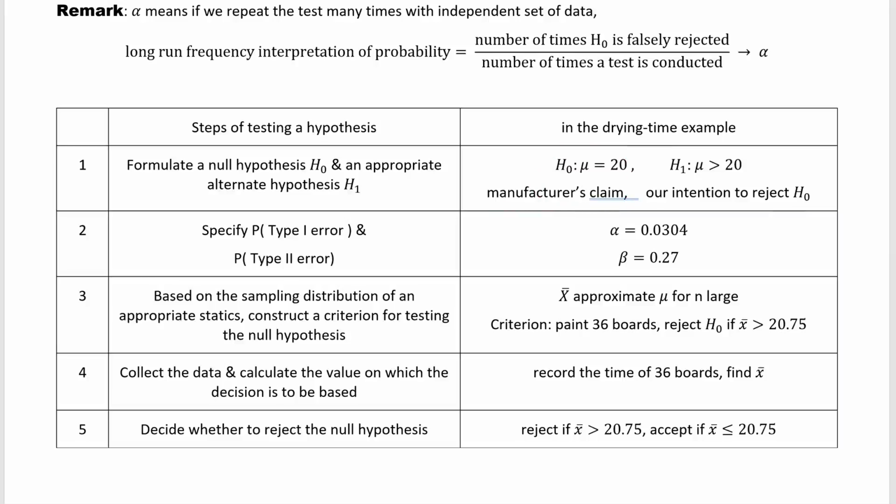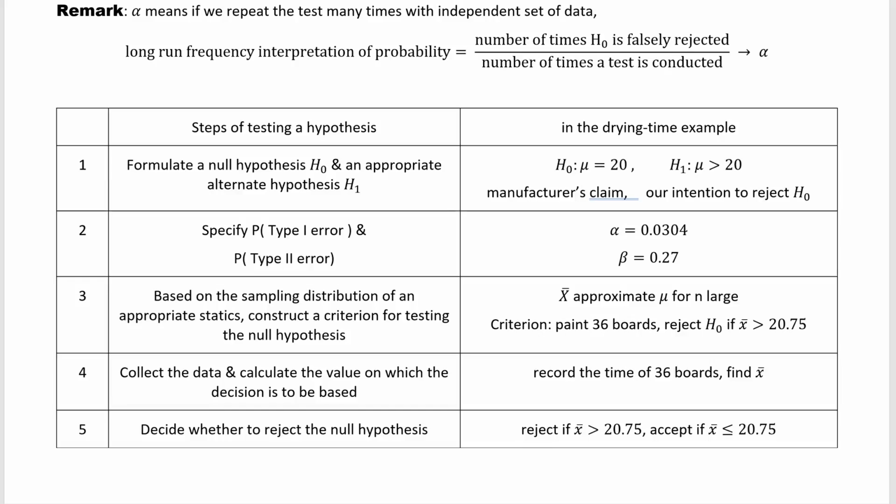Step 2, specify the type 1 error and type 2 error. In our drying time example, our type 1 error is 0.0304, type 2 error is 0.27, but in the rest of the chapter, we will be given the type 1 error and we want to come up with the criterion.